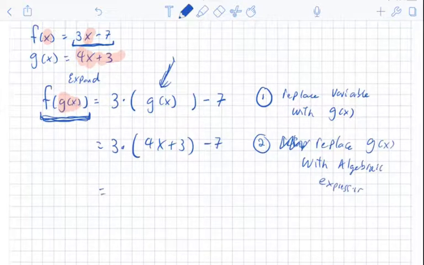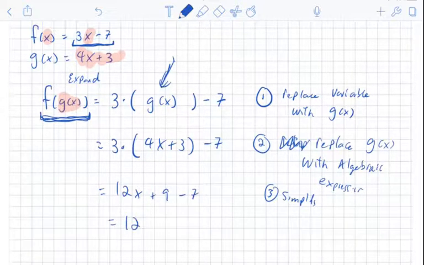And then 3, I'm going to simplify. So this becomes 12x plus 9 minus 7, 12x plus 2.